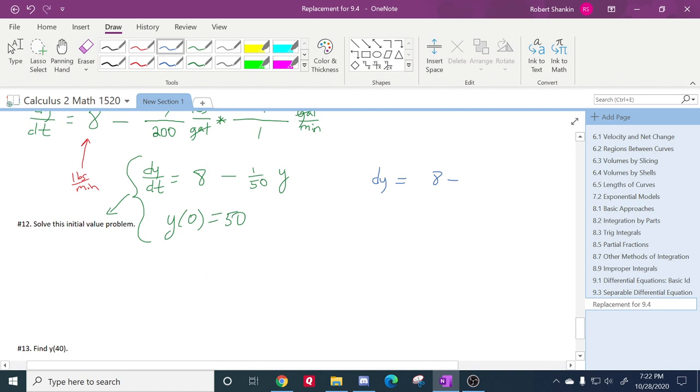If you multiply that by 2, it's 0.02. 0.02y. So 1/50 is 0.02, and then this is times dt. Divide both sides by what's in parentheses.